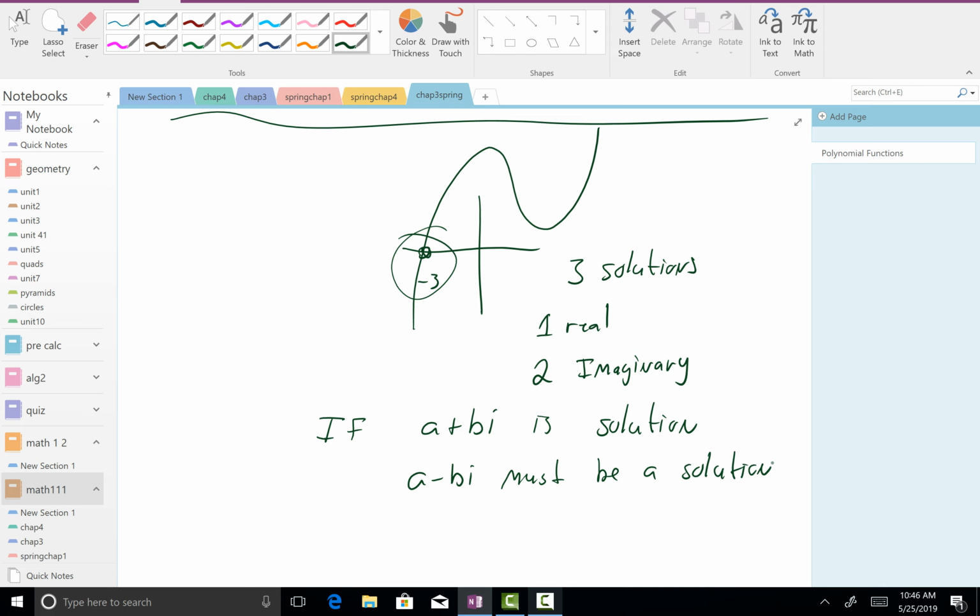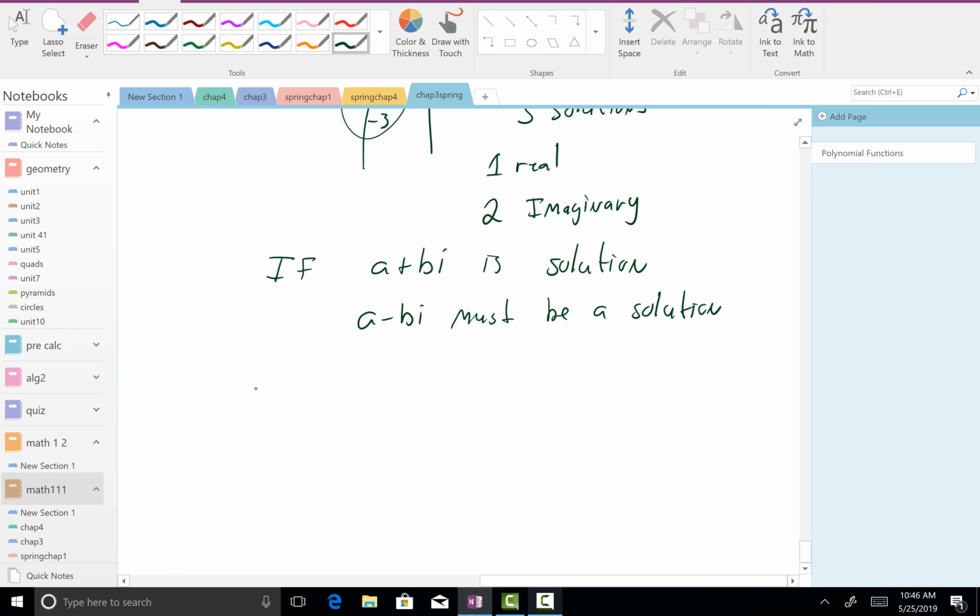Here's one where they say the degree is 4, and they want you to write a polynomial in factored form.